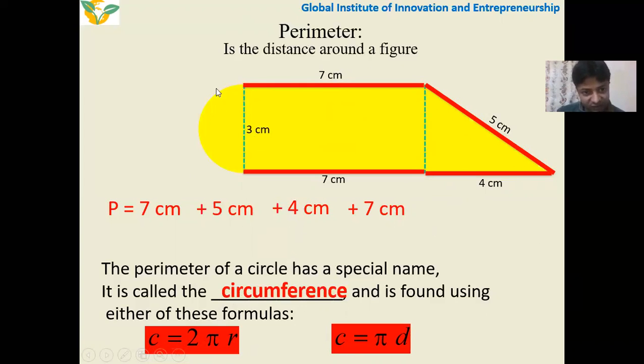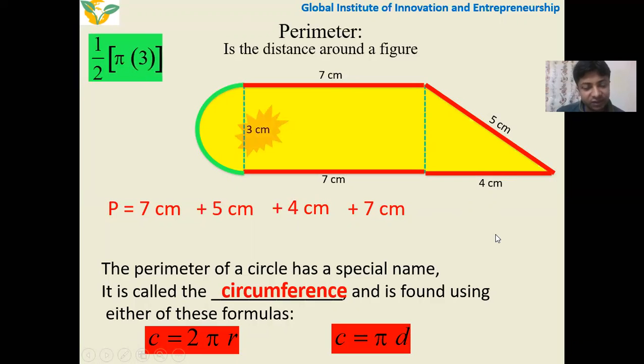But in this case, this is only a half circle, so this will be 2 pi r by 2, and 2r represents your diameter. Diameter is 2 times your radius. So in this case, we have been given the diameter. In order to calculate the radius, we will divide it by 2. So 1 by 2 pi into diameter, where this is the diameter and this is 3 centimeter. So we can calculate this distance.